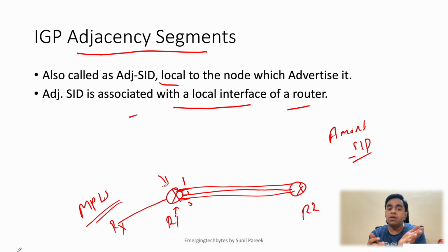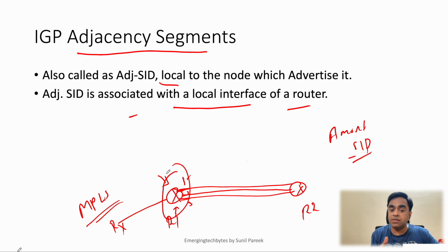So you don't need global significance for these adjacency SIDs, where only that particular node has to act on that instruction.